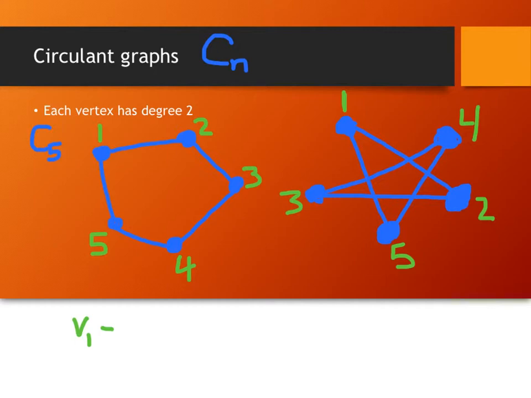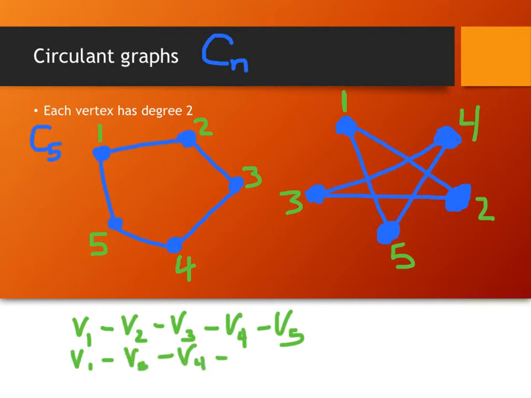All right, so you can either go V1 to V2 to V3 to V4 to V5, or you could have gone backwards, taken V1, V5, V4, V3, and V2. And these are just the reverse order of the paths. You could have started at different vertices, but again, you get the same order regardless of what you do. All right?